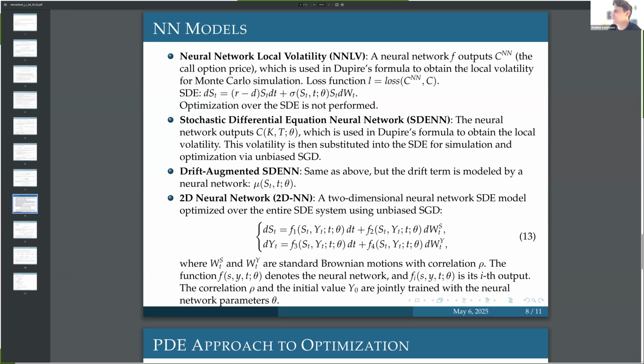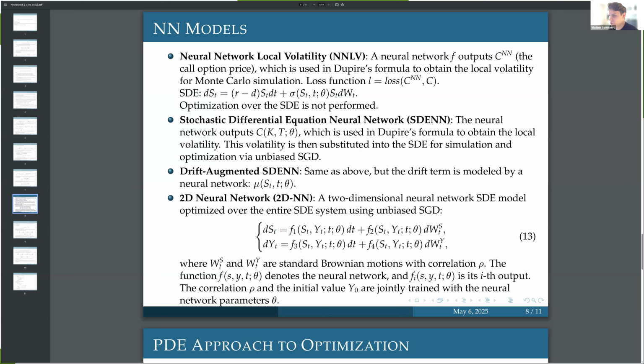We have the output of a call option price and compare it with the true price on the market. So there are two steps of getting call option price. The first one, you get call option price from the model, and the second one from Monte Carlo simulation of the stochastic differential equation.